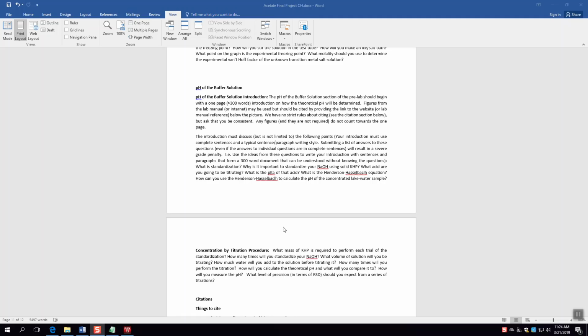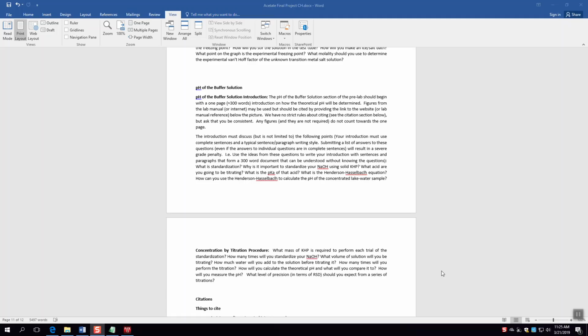So the first thing is you need to standardize using KHP. You're going to want to use somewhere around 0.2 grams of KHP for each titration, and you're going to standardize using sodium hydroxide. You're going to take the 5 molar sodium hydroxide solution that's provided to you, and make a reasonable amount, I would say somewhere between 100 and 250 milliliters, of an approximately 0.1 molar solution.